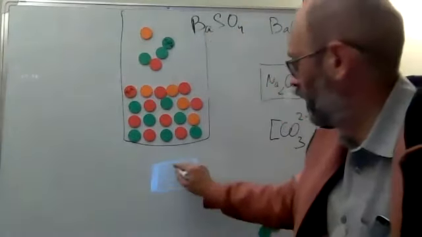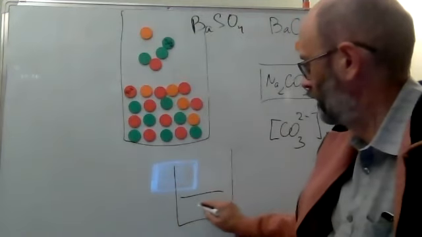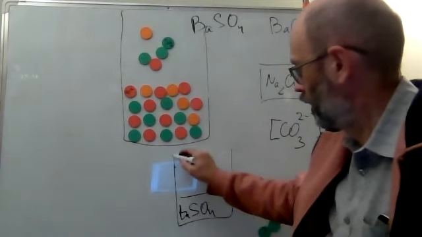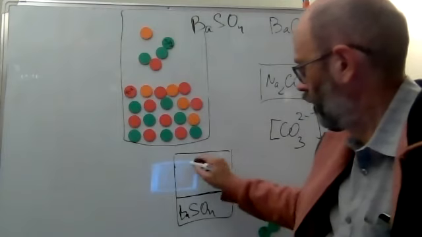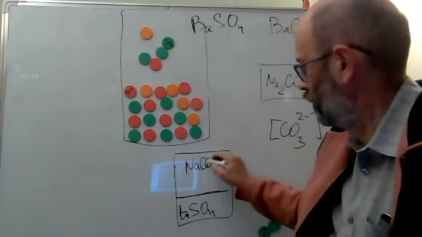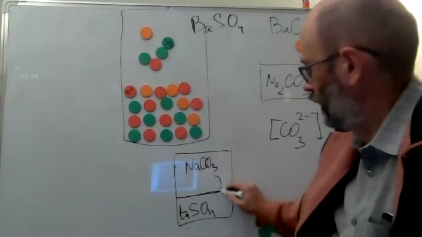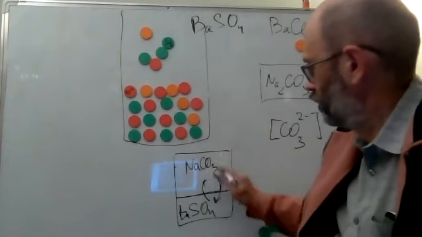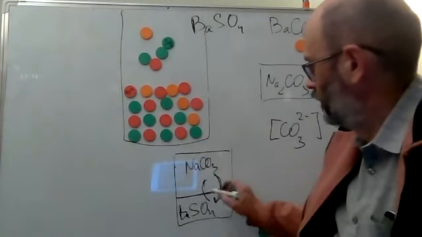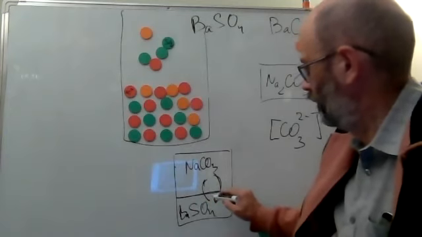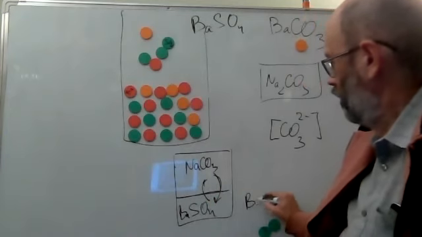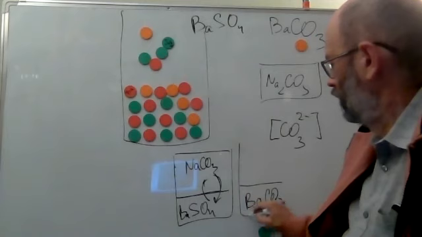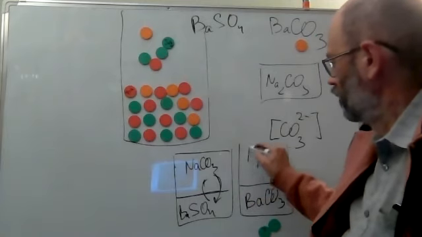When we add barium sulfate in the beaker with sodium carbonate, sooner or later, due to equilibration of these two compounds, the barium sulfate will finally become barium carbonate, and all the sulfate comes to a solution.